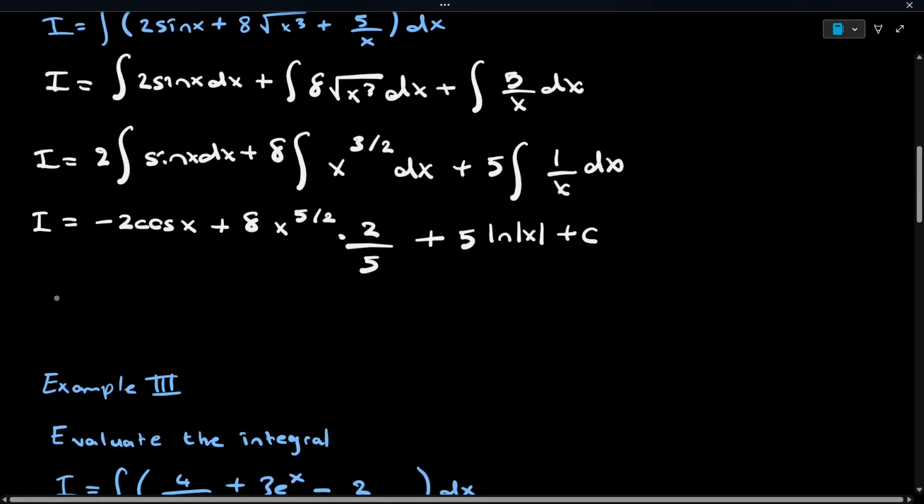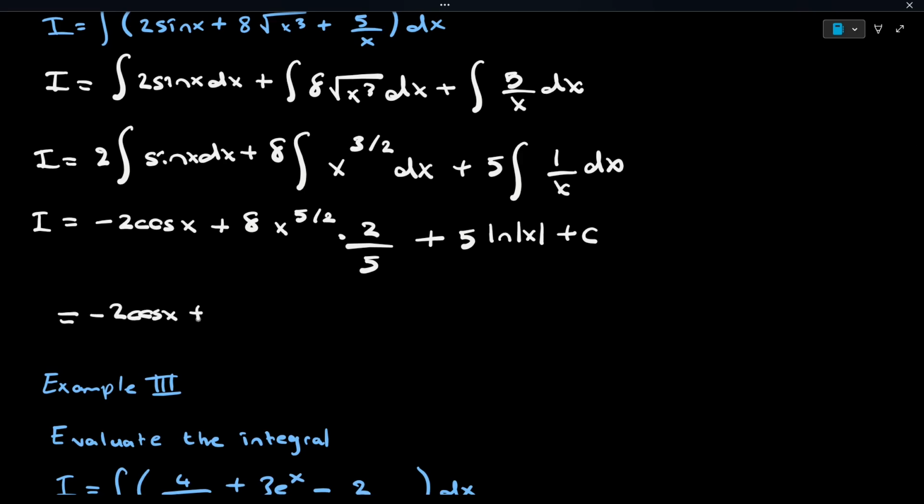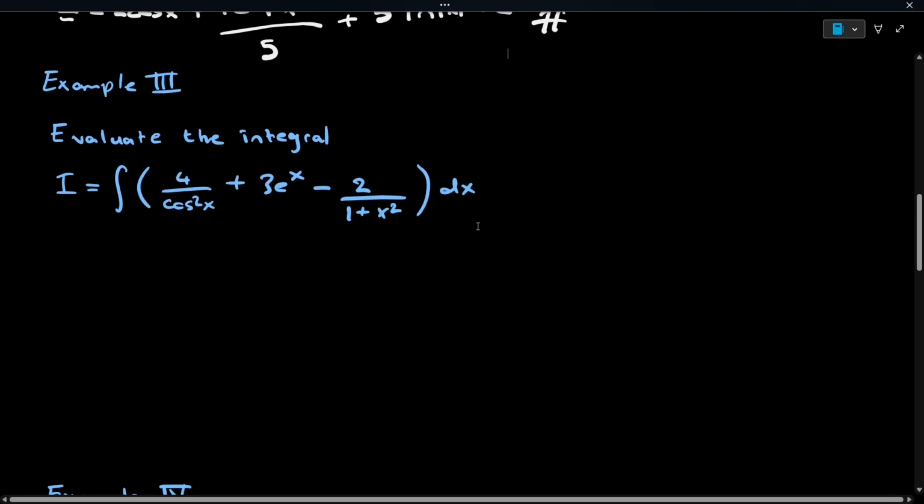Let's do the simplifications. Well, we don't have much. You could write that. Negative 2 cosine of x plus 16 square root of x to the 5th power over 5 plus 5 ln absolute value of x plus c. Example 3, if I'm not wrong, we have 3 more.